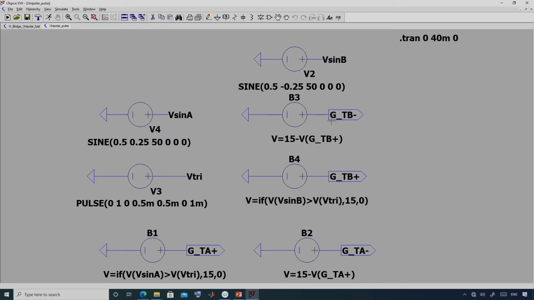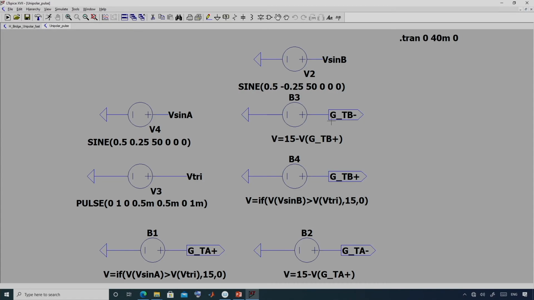Now this is one very simple way of doing it. There are many other ways of doing it. I am just showing you a very simple method for those who are just beginning with simulation.